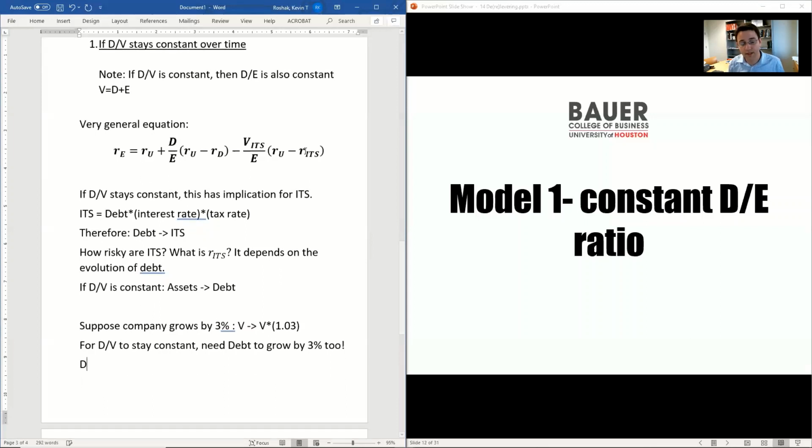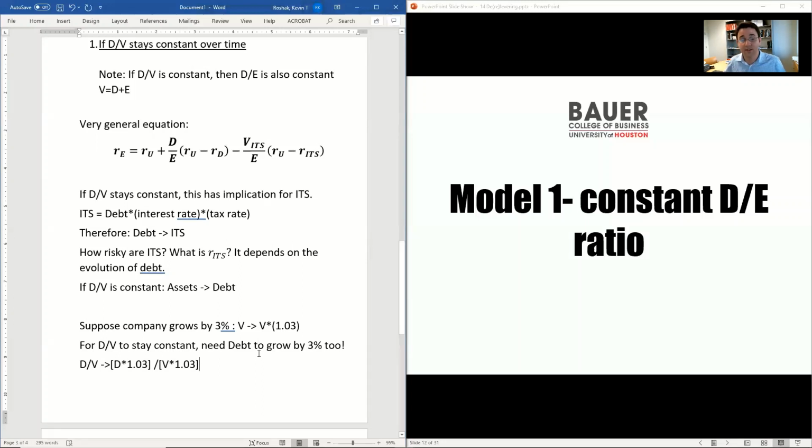So if you started with debt over value, and then the value grew by 3%, what has to happen to keep that same ratio? Well, you need the debt to grow by 3%, right? You have debt over value, you multiply both the numerator and the denominator by 1.03, that keeps it at D over V, right? Keeps it at that original ratio.